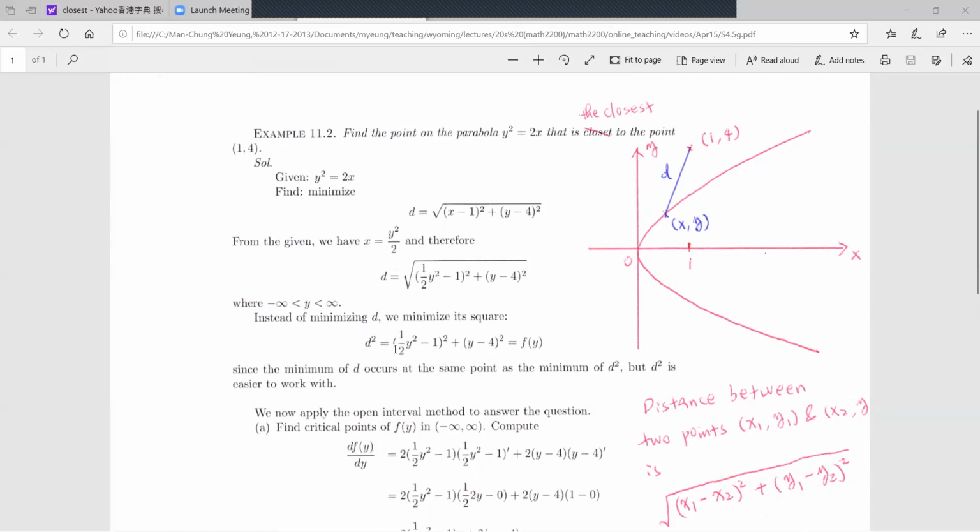Okay, now I let f of y be this function. So in the following, I want to minimize f by the open interval method.